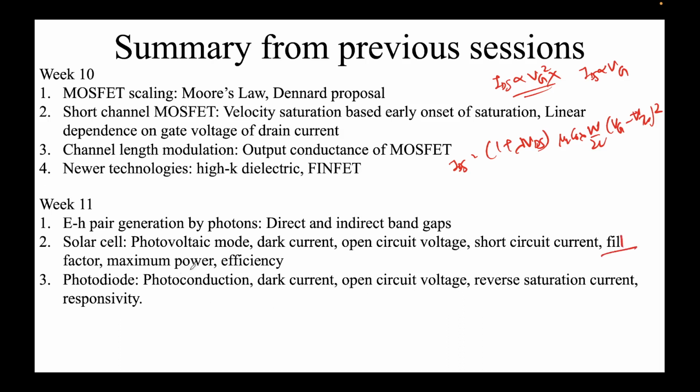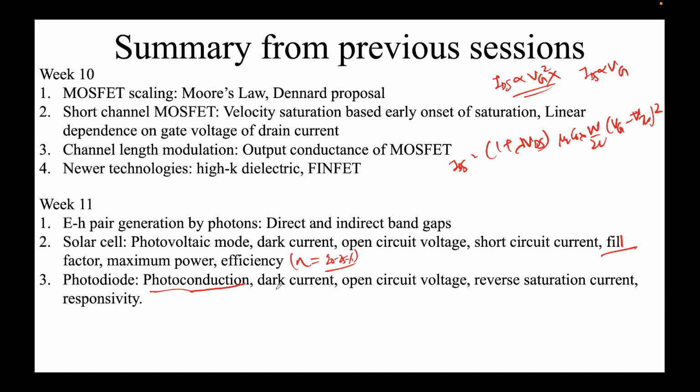And then we saw the maximum power, how we can derive it, and the efficiency of a solar cell, which, if you recall, is typically 20 to 25%. It's a very efficient device in the market that we know of. Photodiode is basically used as detectors or sensors, which works on photoconduction.